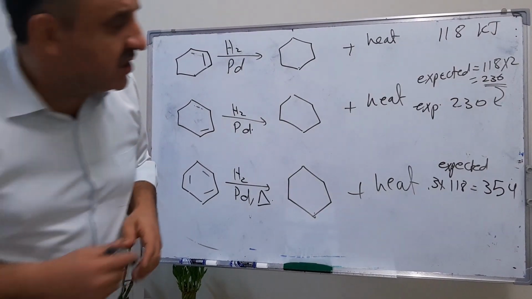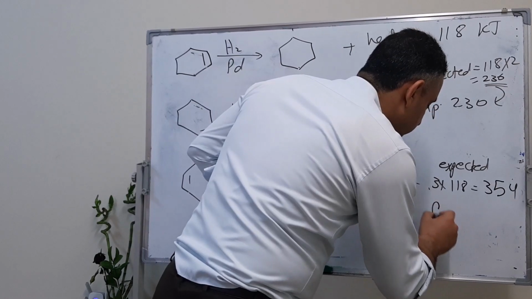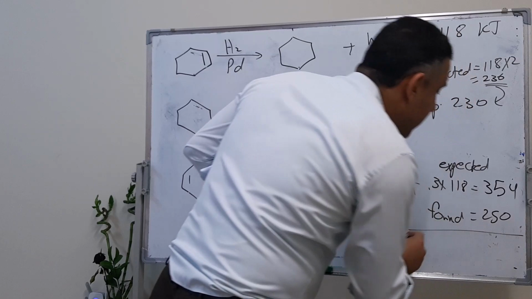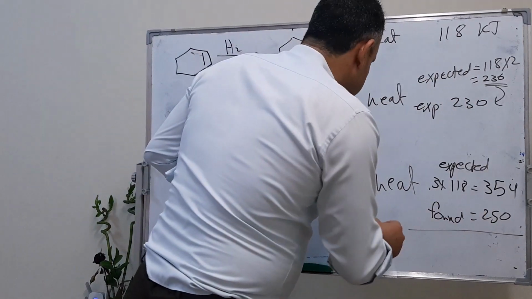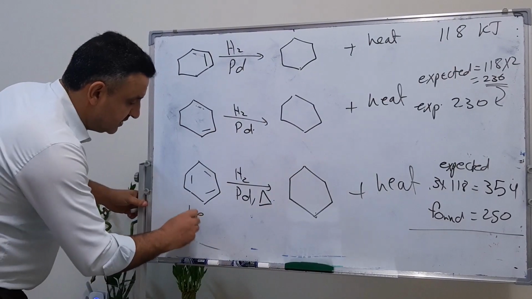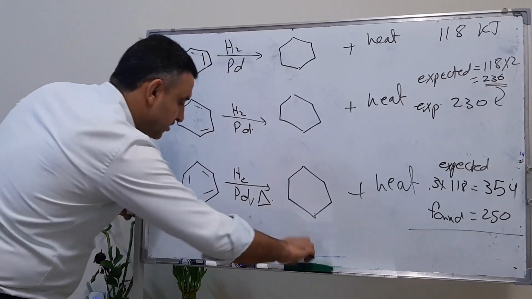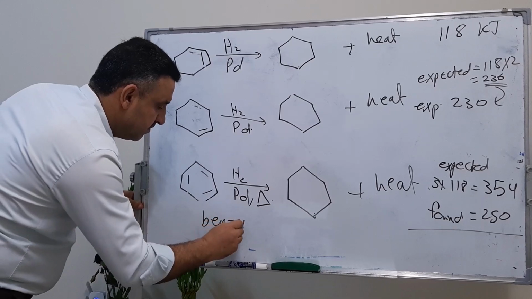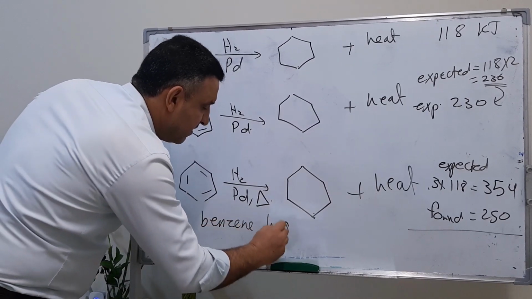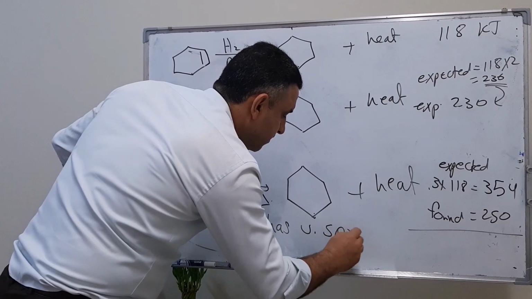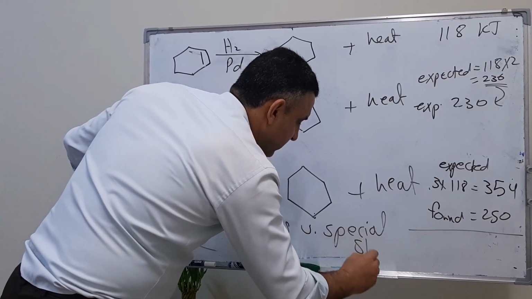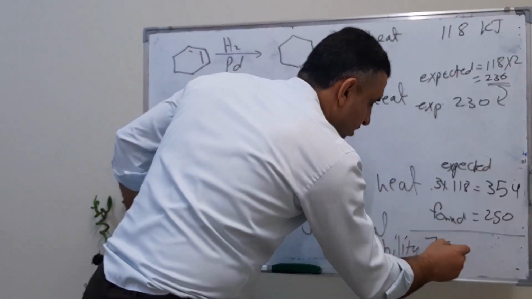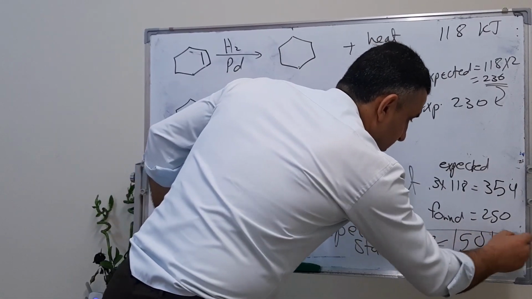Now what we got is 230. You see, what we found is the delta H is 250, which means that there is the benzene system has very special stability, and this stability is around 150 kilojoule per mole.